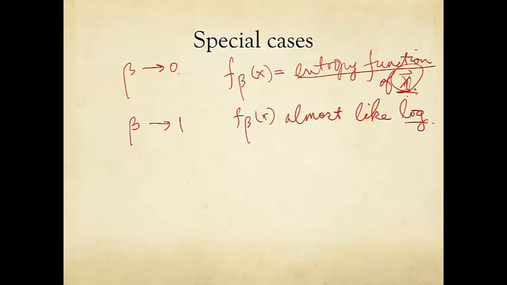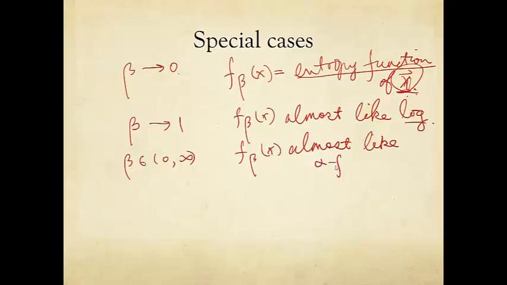logarithmic function. In fact, when beta is between 0 and infinity, f beta of x is almost like alpha fair utility function or isoelastic utility function that we saw so many times already, including lectures 10, 11, 14.